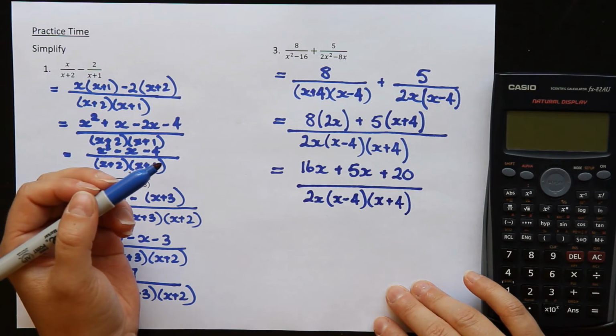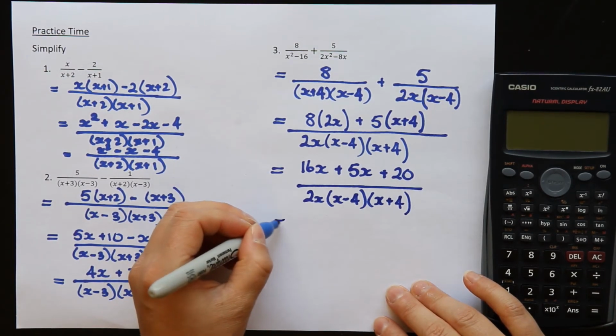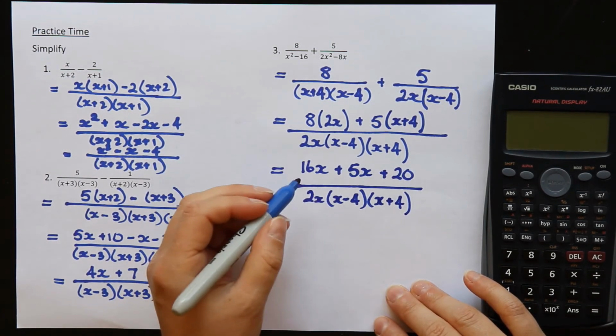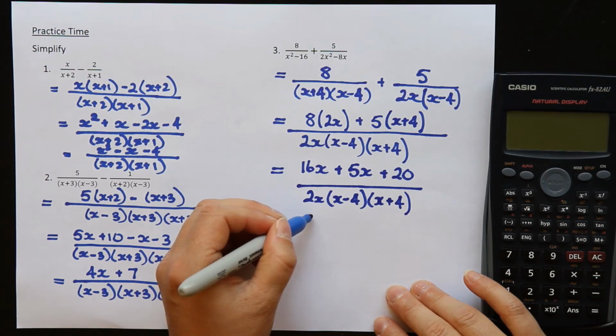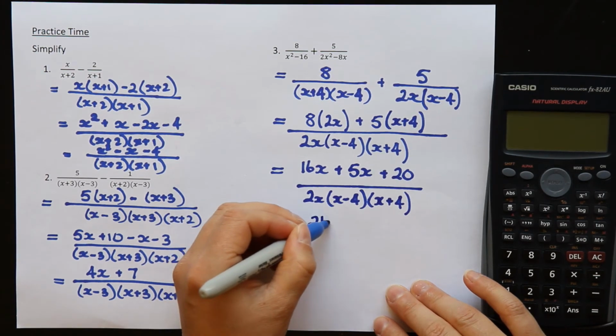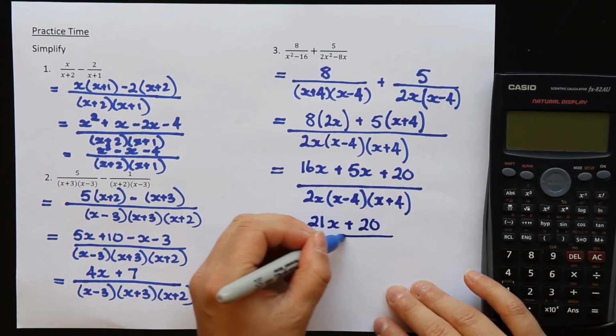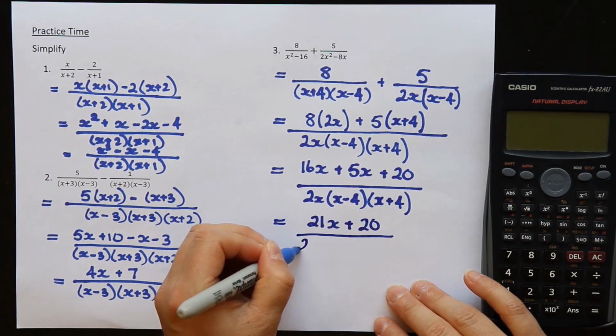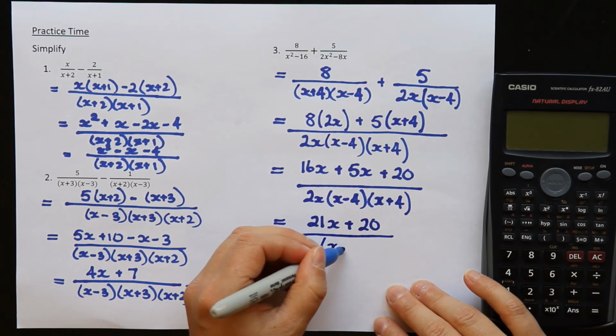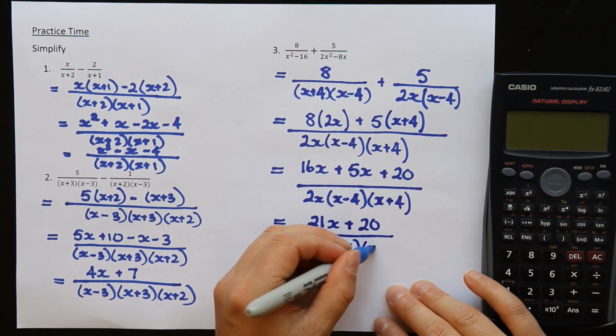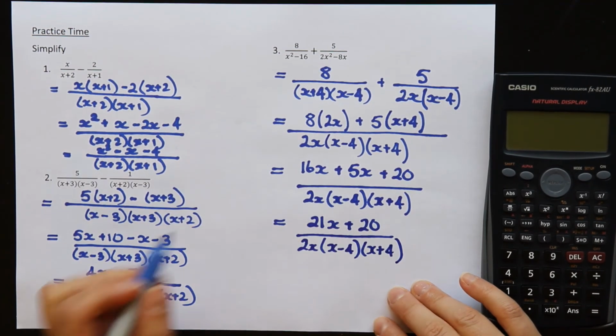Okay, now let's look and see what we can collect up here. 16 plus 5x, they're both x terms, is 21x plus 20 over 2x, x minus 4, x plus 4.